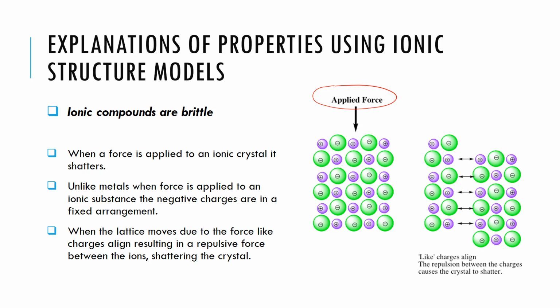When they do that, they repel each other and it causes a shatter. It breaks the crystal apart and it will shatter apart rather than bending like the metal does. So applied force, the lattice will shift and we will get this repulsion between like charges, making the structure brittle, but remember, very hard.